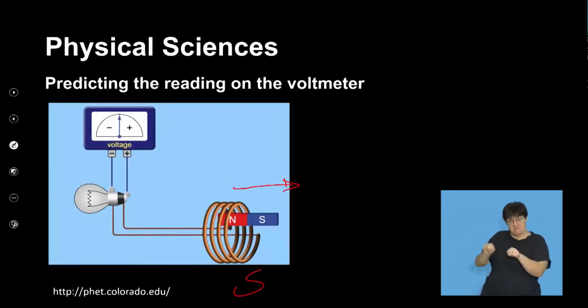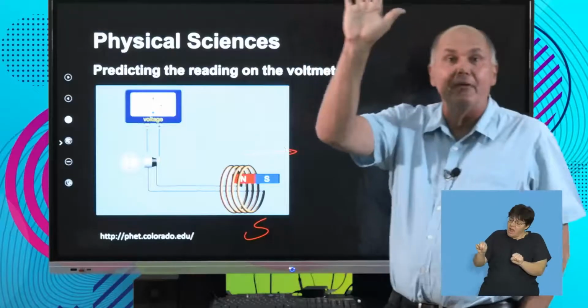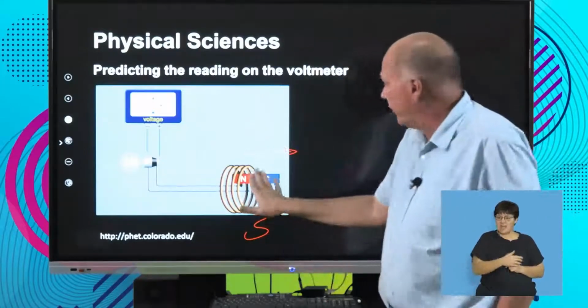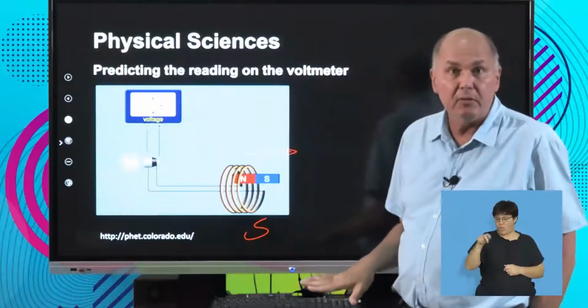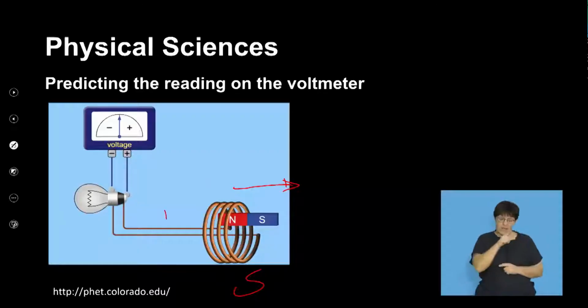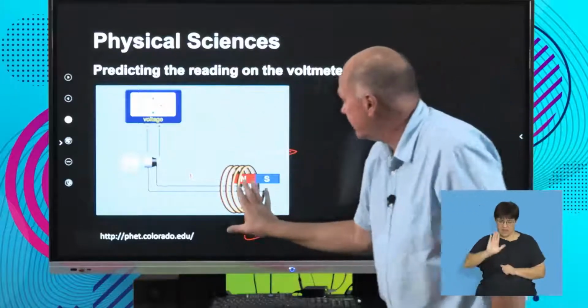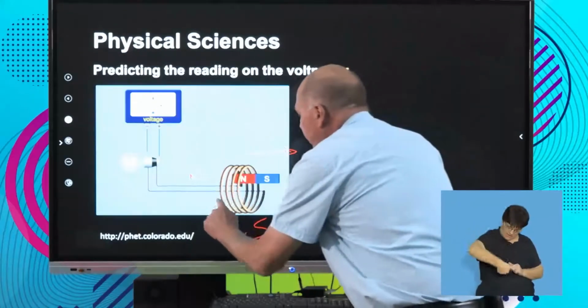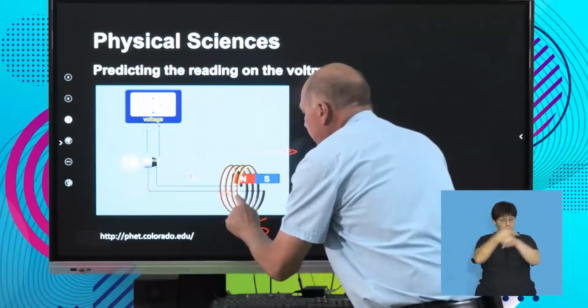And if the South Pole is attracting, what do we do with our right-hand rule? Well, we take our right hand and we say, we don't want this end to be a North Pole anymore. We want this end to be the North Pole, because that end has to be the South Pole. And if that's the case, right-hand rule, notice now, the current has to be going in the opposite direction to which it was earlier.